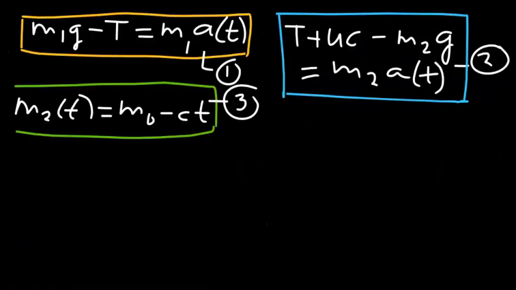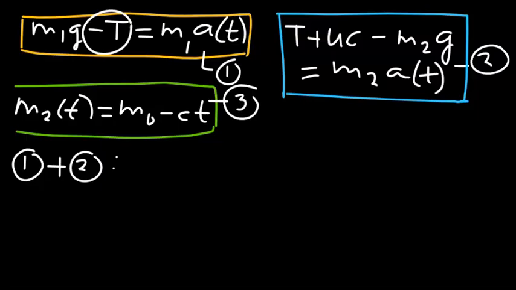First, let's try to solve for the acceleration by eliminating the tension. And for that, we need to take equation 1 and add that to equation 2. When you do that, you see the left-hand side contains minus T for equation 1 and T for equation 2. So by adding these two equations to each other, the tension T can be eliminated.